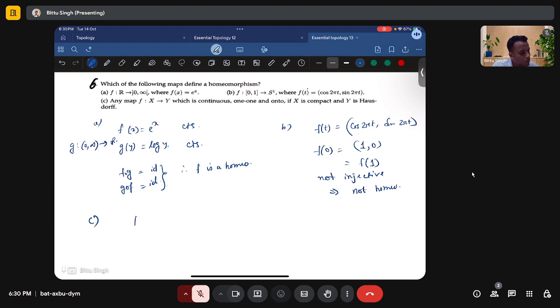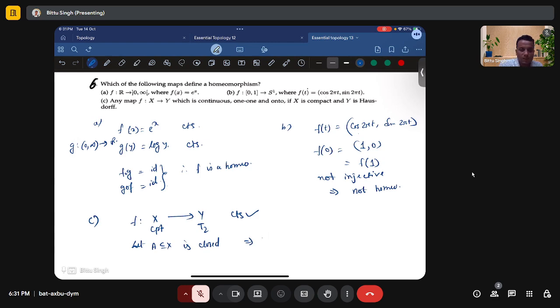Now what about C? In C, f is a continuous map from X to Y, where X is compact and Y is Hausdorff. So note that we take f of some closed set. Let A contained in X be closed.